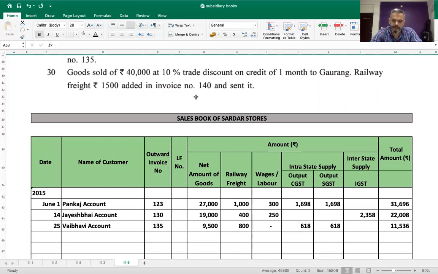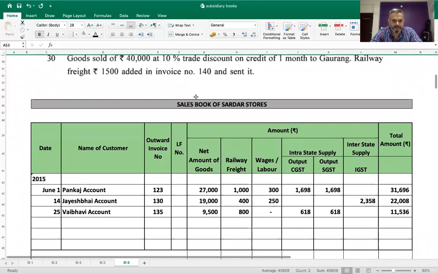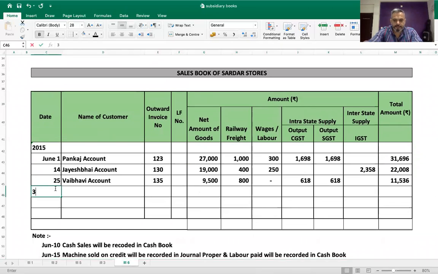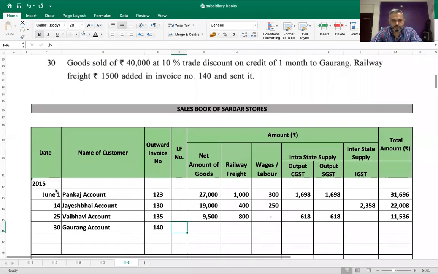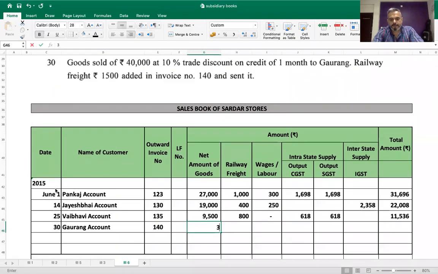So it is again intra-state, within state credit transactions. So 30th Gaurang account. Invoice number 140. 40,000, 10%, so 36,000. Railway freight 1500.